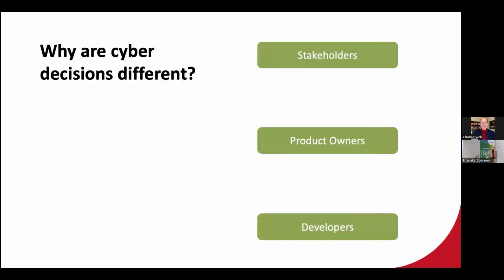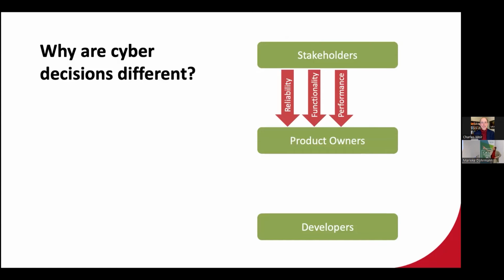And in order to answer what was the bit more, we had to think a bit about why cyber decisions are different. And the surprise I had was realizing that actually cyber requirements tend to be completely different from almost any other requirement.